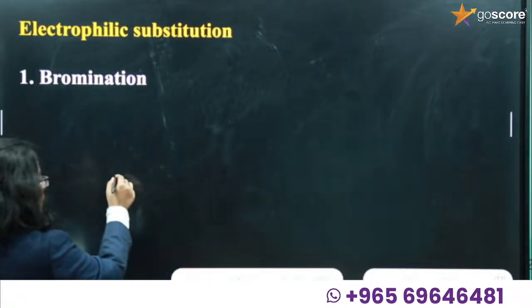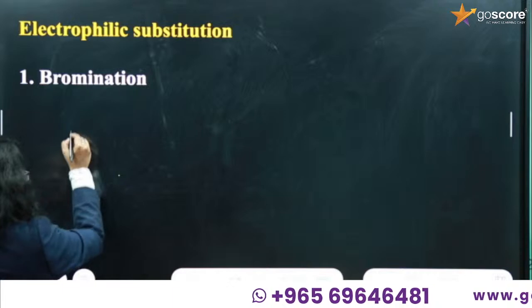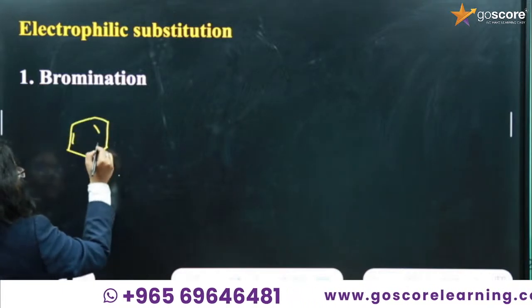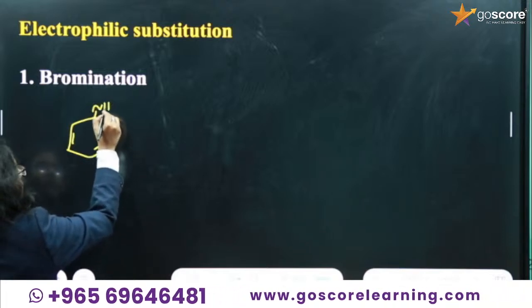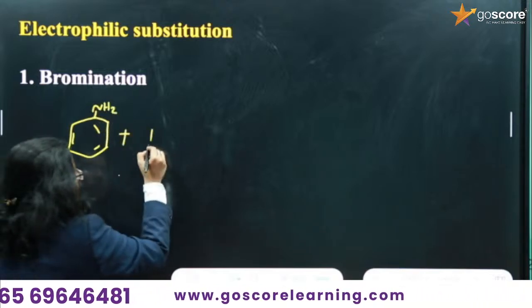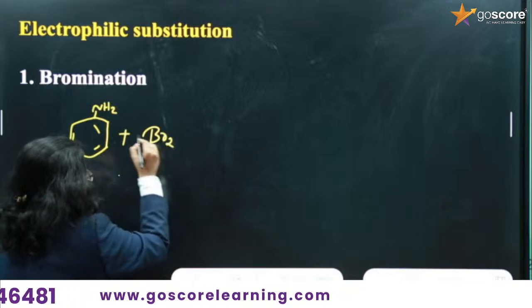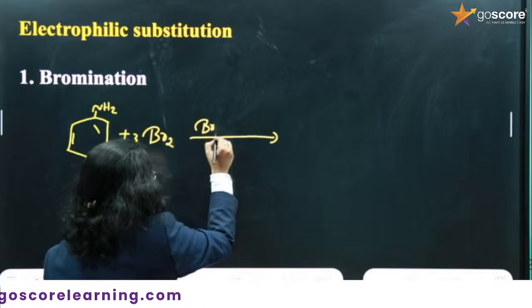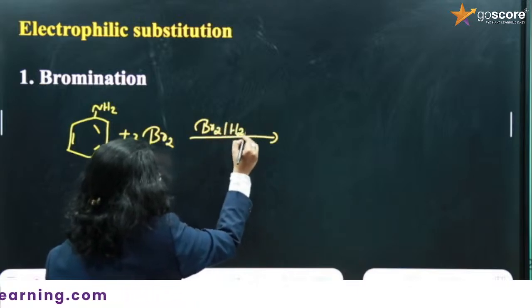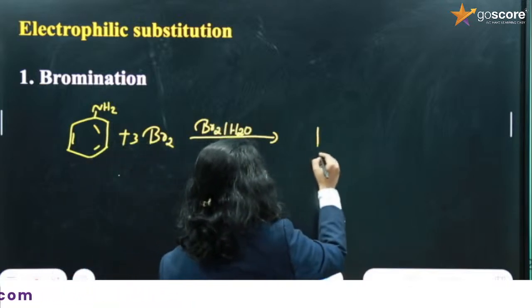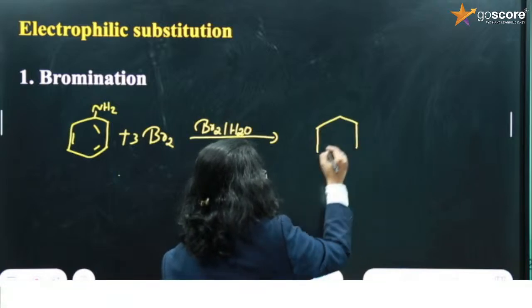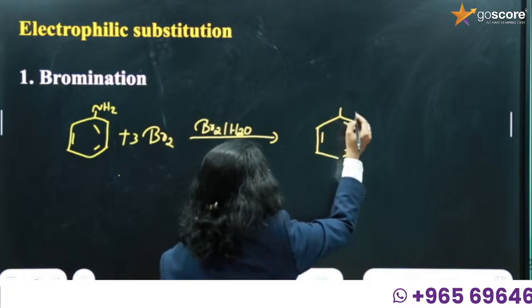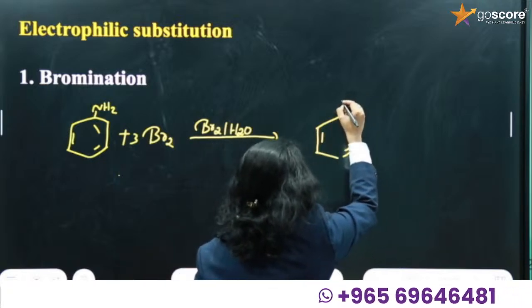If you are doing direct bromination, that is aniline on treating with bromine in water, you will get 2,4,6-tribromoaniline.